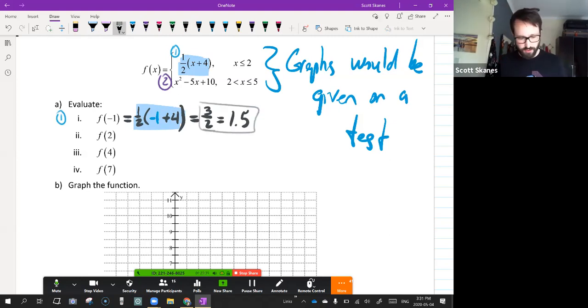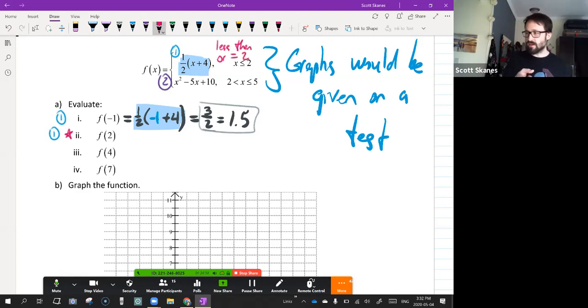That makes sense. I'm going to do another one right away. F of 2. Now this is a tricky one. Also the first one. Let me put it down. X equals 2. Okay, the first function exists for anything less than or equal to 2.